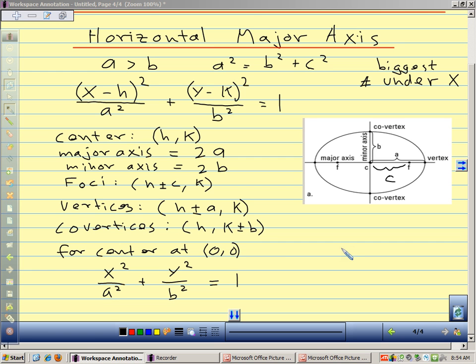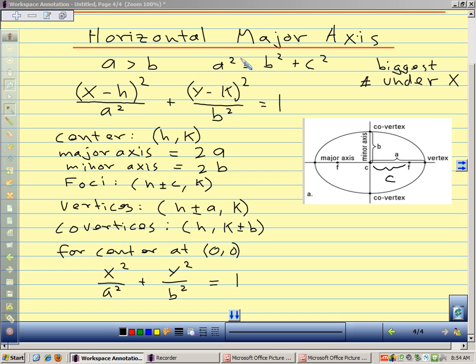All right, let's look at a vertical major axis. Yeah, so this is the minor axis. Okay, so I think we got all that information in there. The minor axis length is 2b. This gives us the entire equation, everything we need to know.